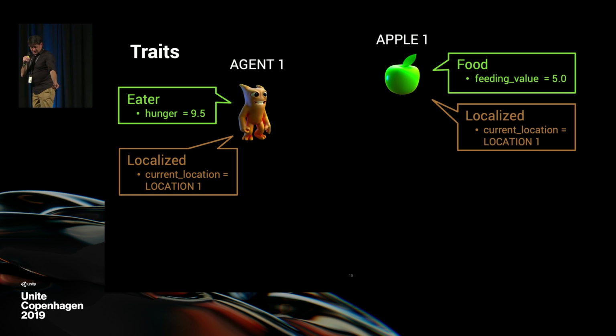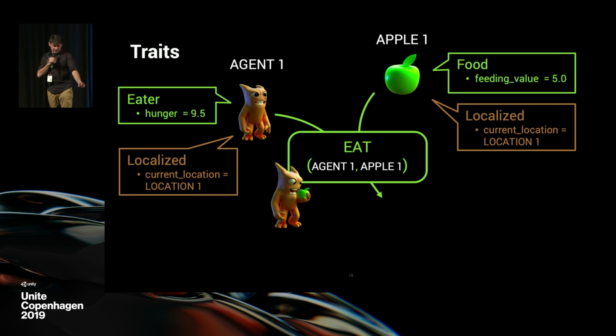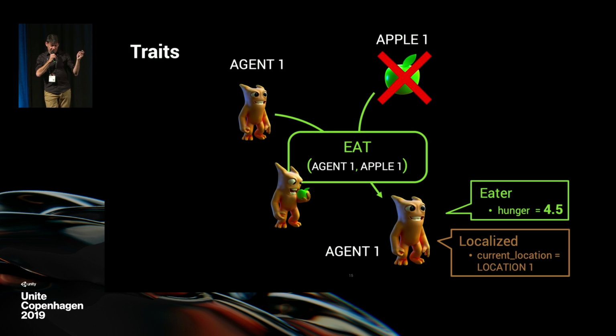If you have this configuration of things, you're going to be able to apply the action eat, noting that the action has parameters, one for the agent, one for the apple. As a consequence, the apple will be deleted, and the current hunger of the agent will be decreased by the feeding value of the apple. And the agent's location doesn't move. Simple.